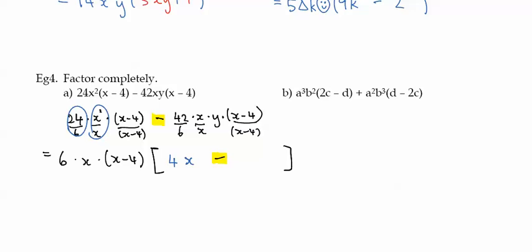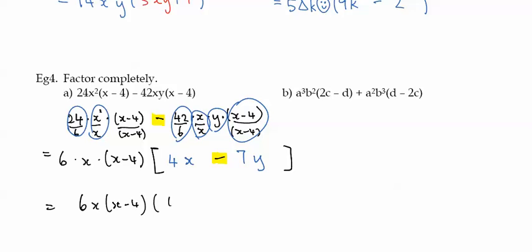And for the second group, 42, we take out the 6, we took out the x here, the y will be here, and those things will now be gone. And that means after you take out the GCF, we will end up with 6x, x minus 4, or x minus 7, y.